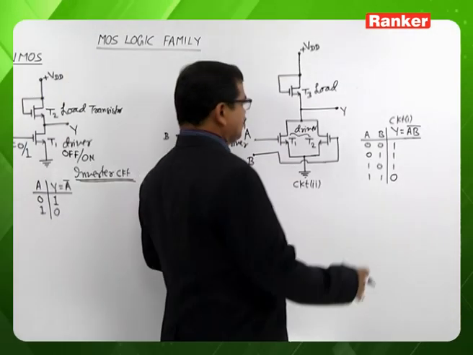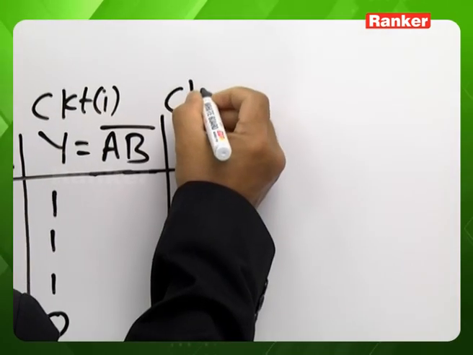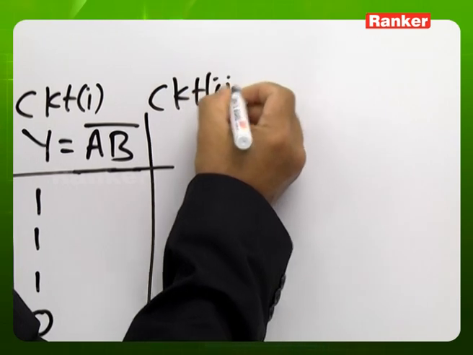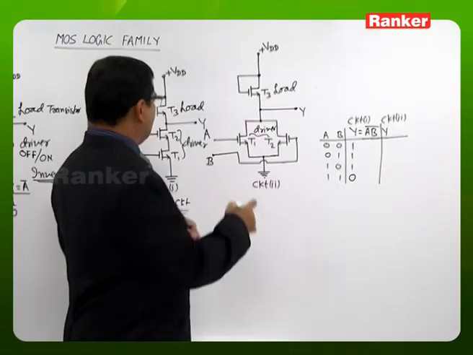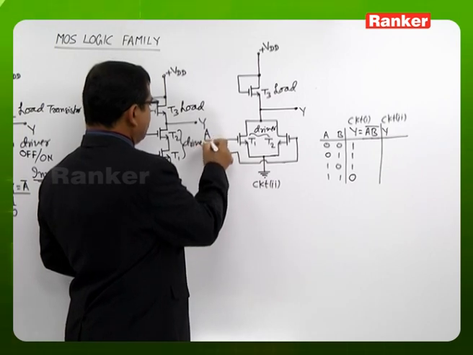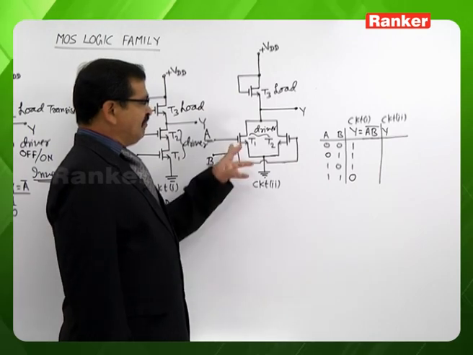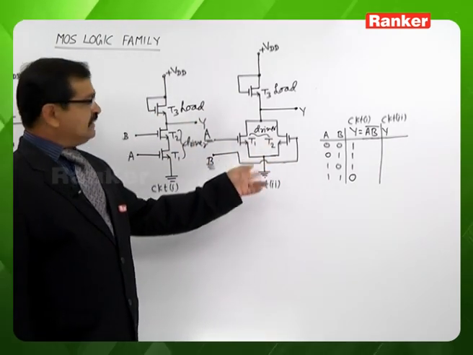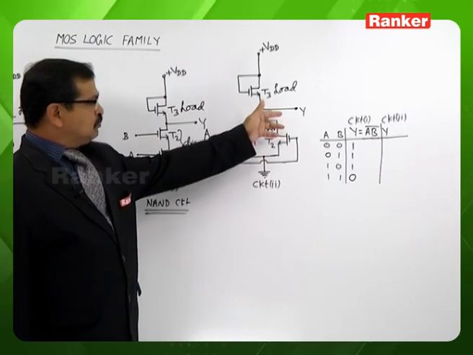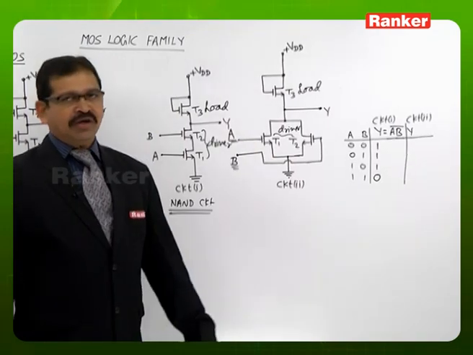Similarly, if we look at the circuit 2 operation, among these two inputs, if one of the inputs is 1, then one of the transistors will be on. Among T1, T2, as and when one of the transistors is on, output to the ground impedance becomes 0 because T1, T2 are in parallel.